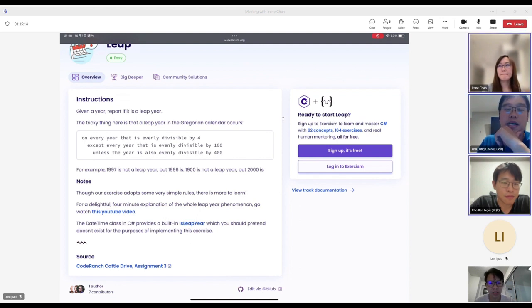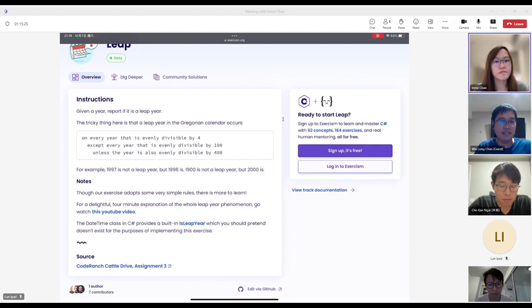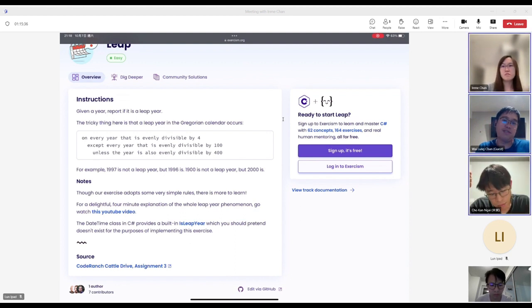If it is divisible by 100 and not divisible by 400, then it is not a leap year, right? And then else is leap year, right?